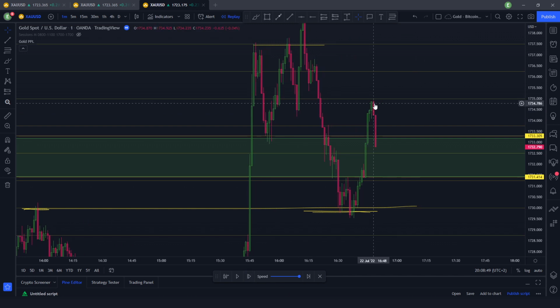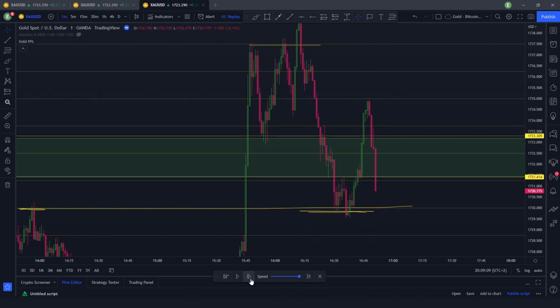Okay, PPL, rejection, engulfing. You see this candle is reacting at a level and is showing you confirmation. This one was not reacting at any level, maybe at these lows, but if it closed over here, then it would be a sell confirmation. This one is a further sell confirmation.